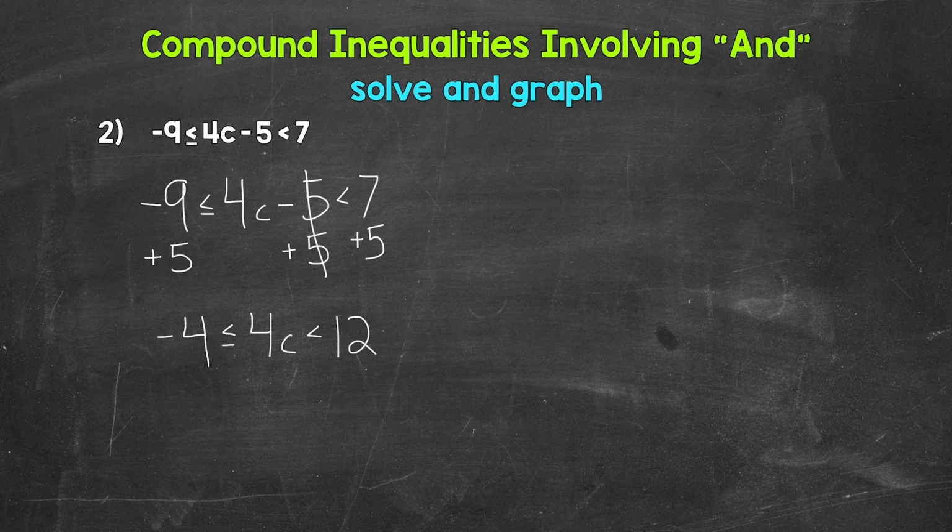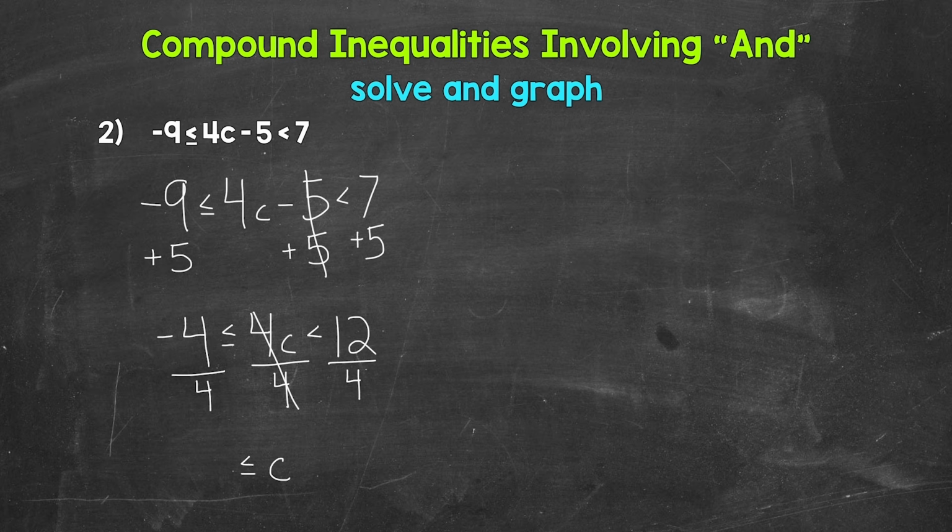So now we have 4c is greater than or equal to -4 and less than 12. We need to undo the multiplication using the inverse operation, division. So divide the middle by 4. That means we need to divide the left and right by 4 as well. Now the 4's in the middle cancel each other out, so c is now isolated.